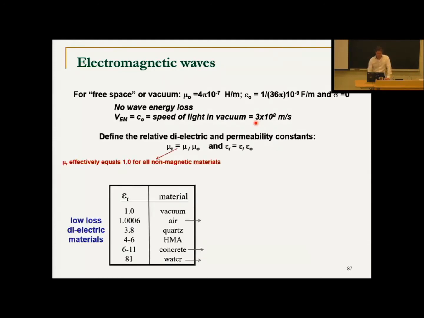Okay. Now, for most materials that are not ferromagnetic, we can say that its magnetic permeability is close to that of free space, and we only consider the permittivity, the dielectric constant. And we see that the dielectric constant of air and vacuum are essentially the same, so we can call them the same.